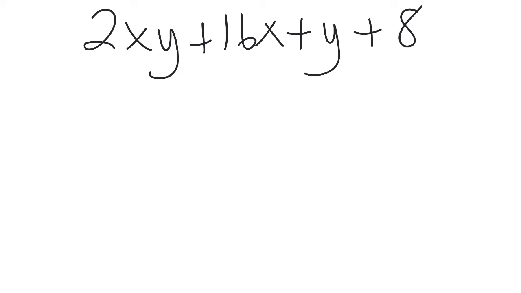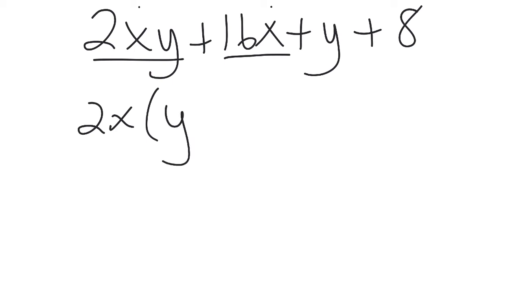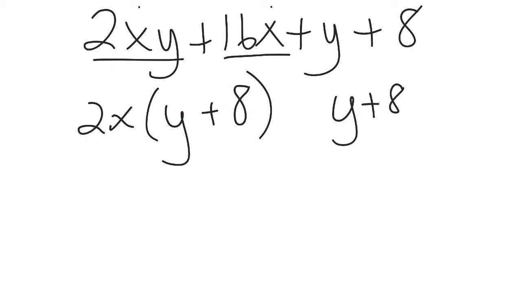Looks like out of these two, I can take out 2, and I can take out an x. So if I take a 2x out of there, I'm left with 2x times y gives me 2xy, plus 2x times what gives me 16x. Now, I write y plus 8 here.